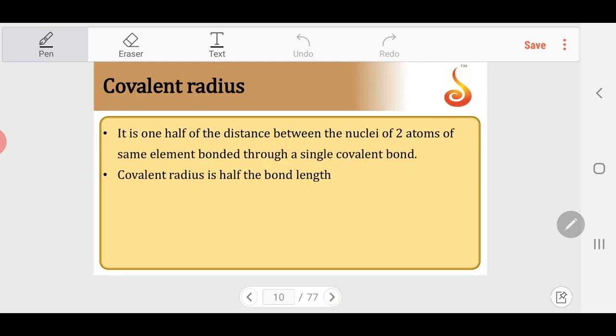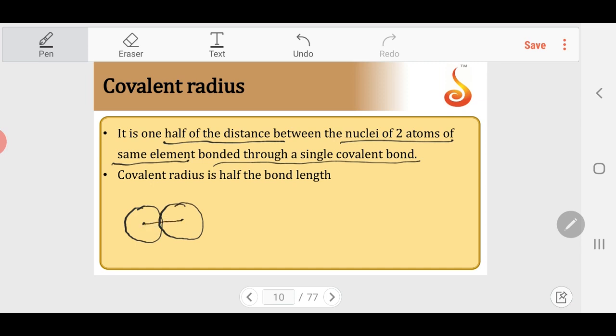What exactly is covalent radius? Covalent radius is half the distance between the nuclei of two atoms of the same element bonded through a single covalent bond. For example, let us say this is one atom, this is the nucleus, and this is the second atom where the electron cloud is partially overlapped.